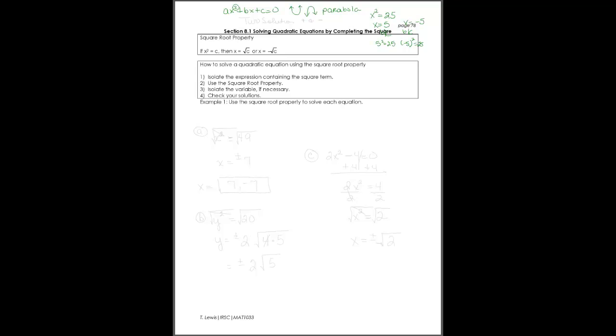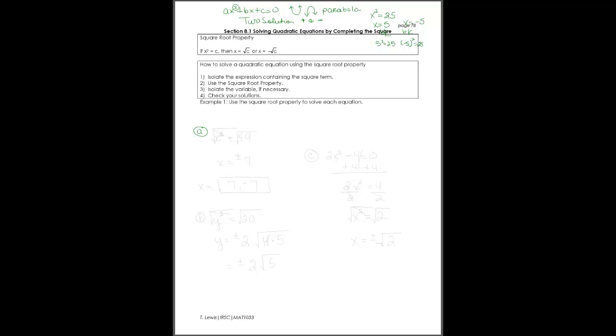Okay, so take a note that as we look at the square root property, you're going to have two solutions, a positive solution and a negative solution. So let's take a look at example 1a.